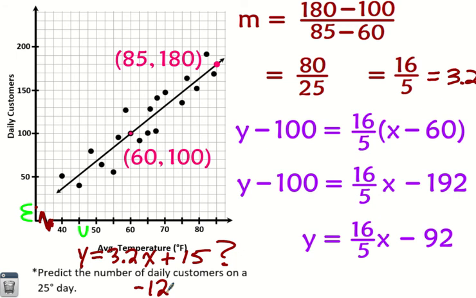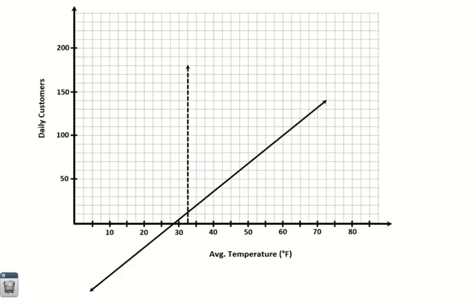How could you have negative 12 customers? This data only really makes sense for certain values, because at 25 degrees the data stops making sense, you know what I mean? Quick idea, this is what the graph actually looks like. You might look at this and go, oh my gosh, this is where my y-axis was drawn, but it's not really there.